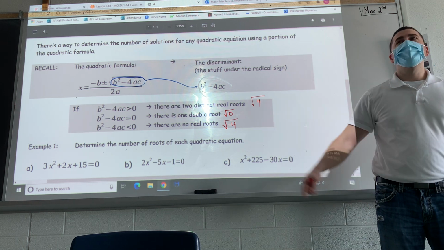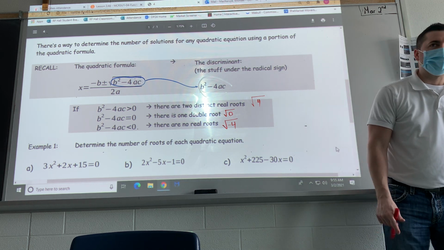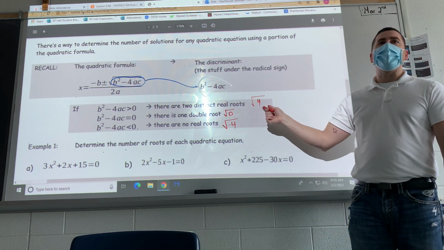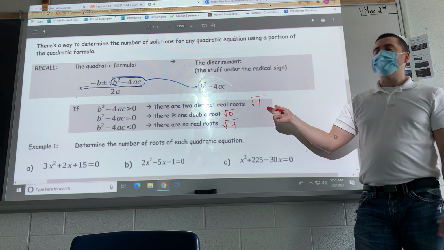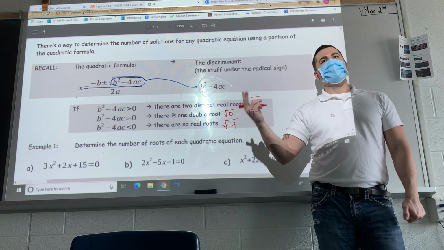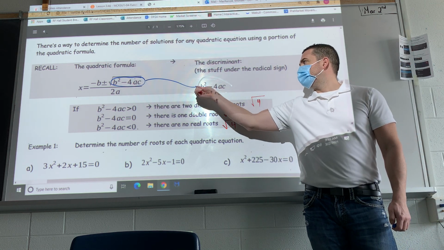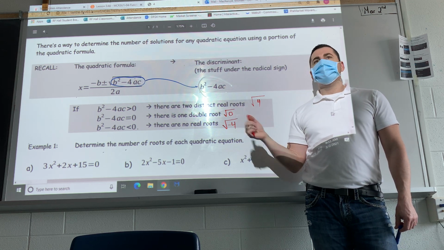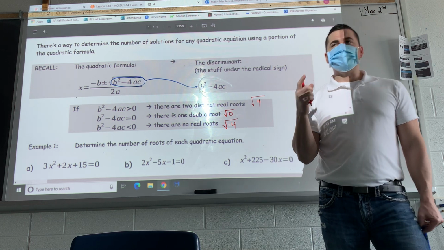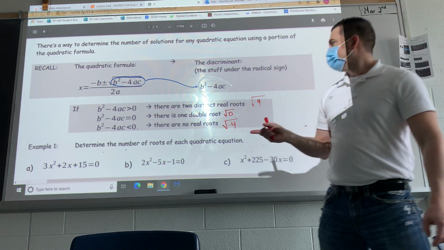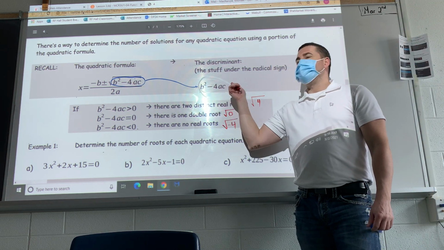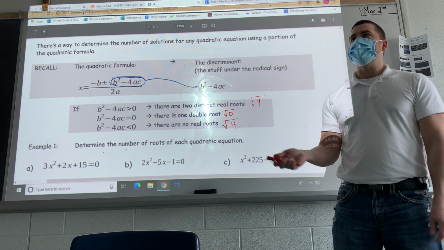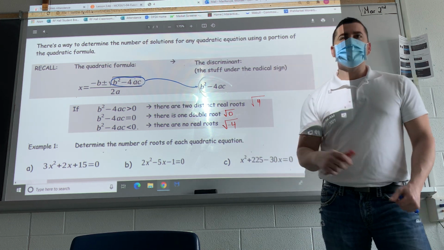Can we square root a negative? No. Okay? So we're taking this part. If it's a positive number greater than 0, then it gives you two answers, or two x-intercepts. If this number is equal to 0, then there's one answer. It means it starts on the x-axis. And if this value is a negative, there are no answers because you cannot square root a negative value.